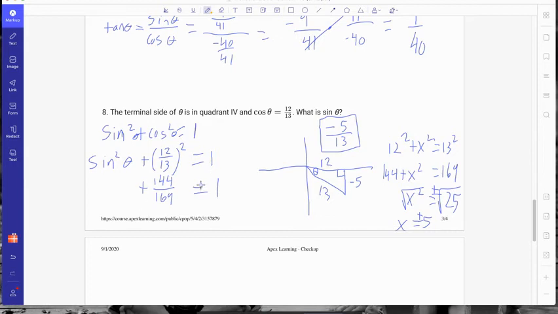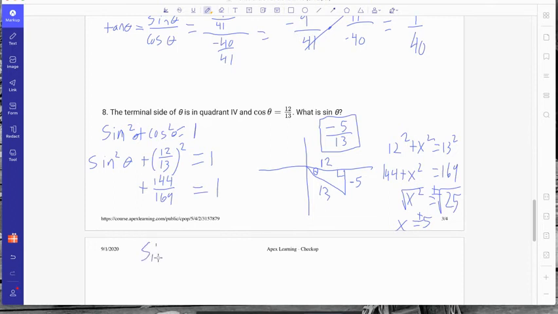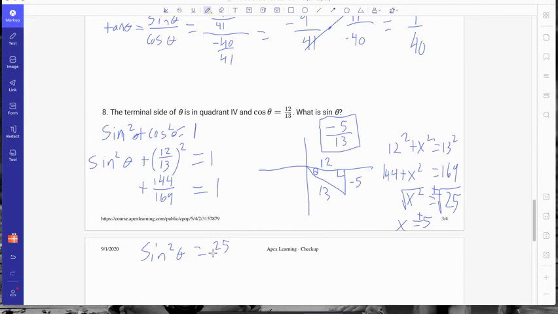I subtract the 144 over 169 from both sides, and I get sine squared theta is equal to 25 over 169, when you do this subtraction.